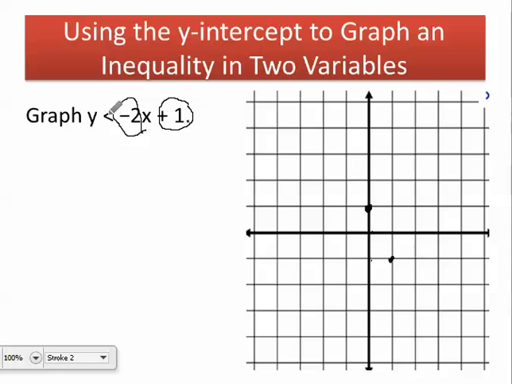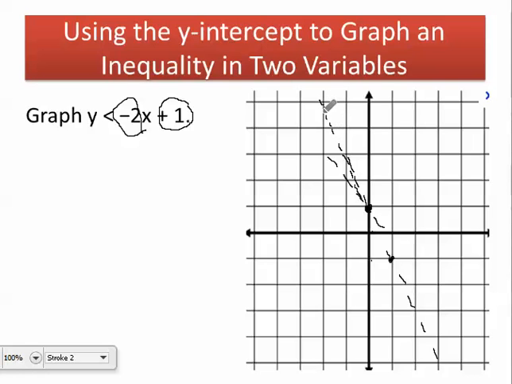I see that I've got a strictly less than sign. That means that my line is going to be a dashed line looking something like this. Okay? And probably more like this.